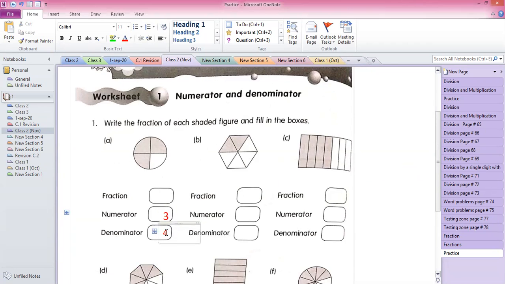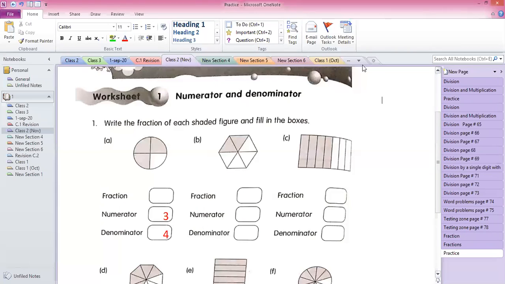Now I need to write the fraction. So guys, for a fraction, I will write numerator up and denominator down.